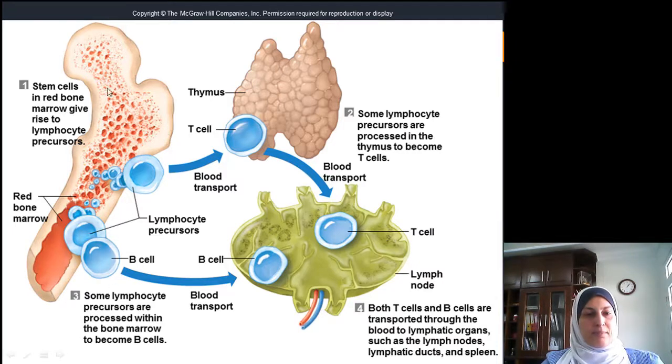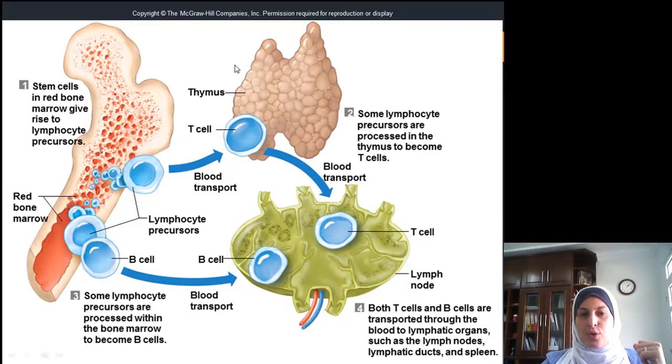Remember, this is the bone marrow, the origin of all hematopoietic cells, and the B cell originates from the bone marrow, goes through certain steps of differentiation, then moves to complete this differentiation in the lymph node. The T cell also starts its life from the bone marrow and starts its process of differentiation.